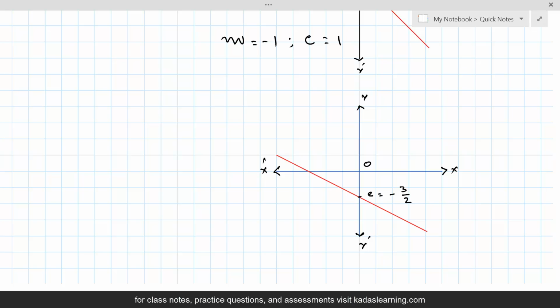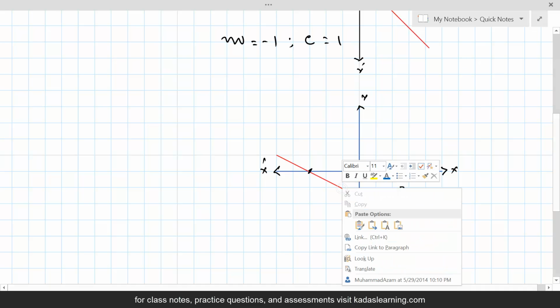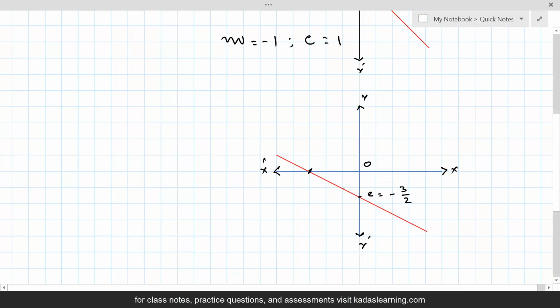And for finding the slope, select any 2 points on this line. Once this point and another point is this because this is passing through the corner of one square. So here this is run and this is rise.